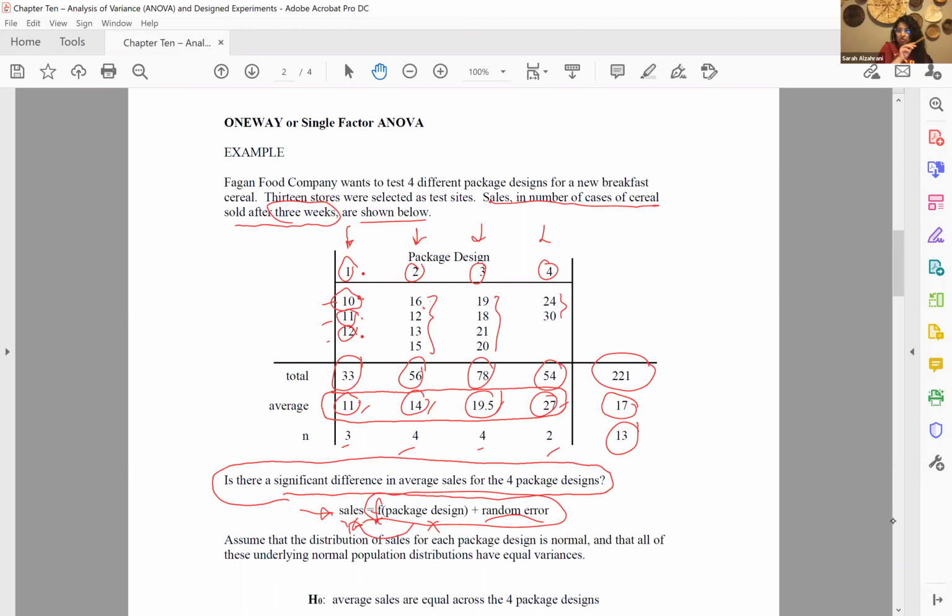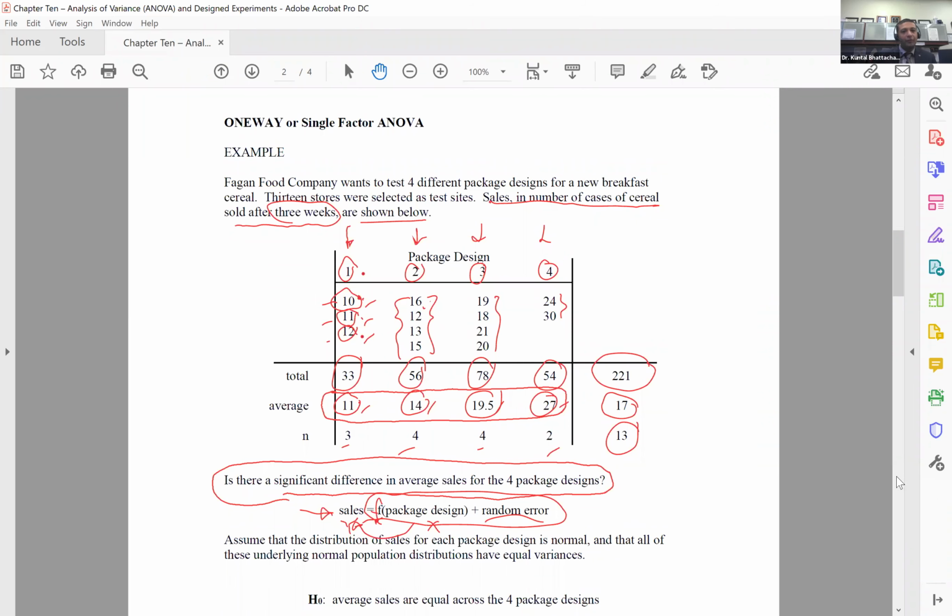So it's all the same store going in one row? No. This is where you don't know that data as to which store it's coming from. That doesn't matter. Okay. It is one of those 13 stores. These are 13 randomly chosen stores. All you know is for these 3 stores, they are coming from package design 1. For the next 4 stores here, they're coming from package design 2, and so on and so forth.